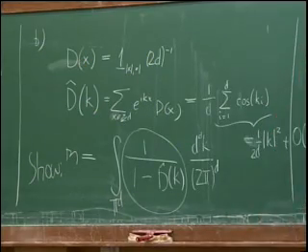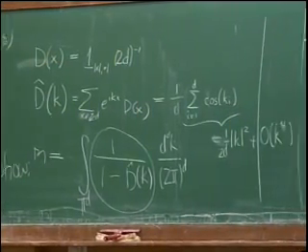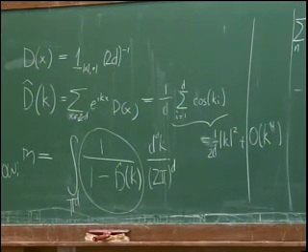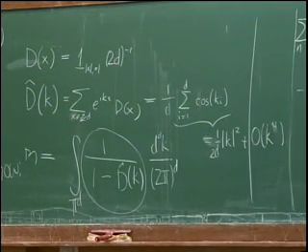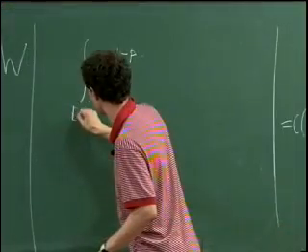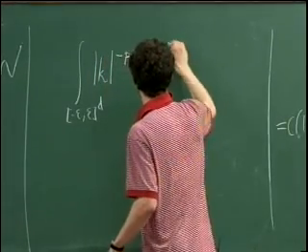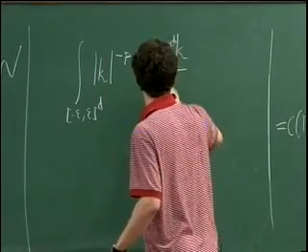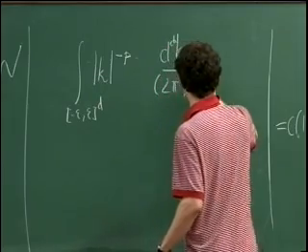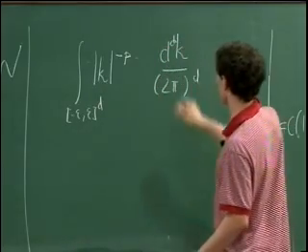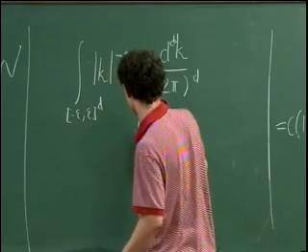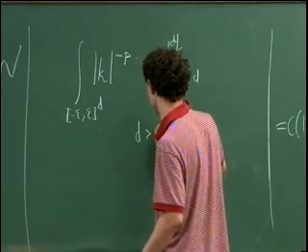And the integral of |k| to the minus p, say over minus epsilon to epsilon to the d, exists if and only if d is greater than p.